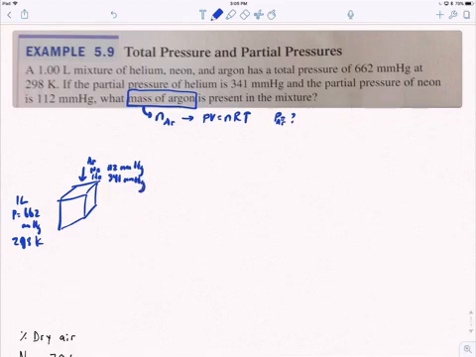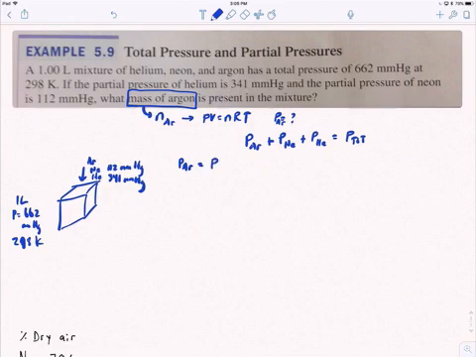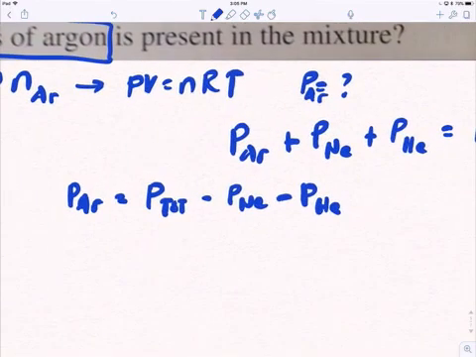So we need to find the pressure of argon, and we know that the pressure of argon plus the pressure of neon plus the pressure of helium equals the total pressure. From that, we can then solve: the pressure of the argon is equal to the total pressure minus the pressure of the neon minus the pressure of the helium. Is everyone okay with that?